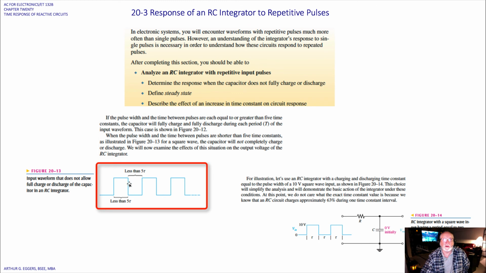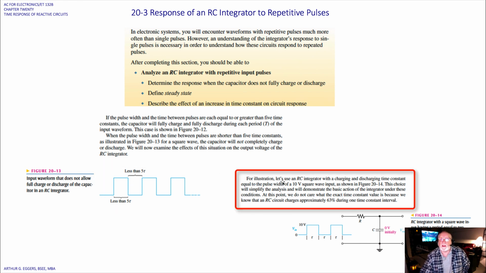They're showing you here a pulse width that's less than 5 time constants, or 5 tau. For the illustration, let's use the RC integrator with a charging and discharge time constant equal to the pulse width of a 10 volt square wave as shown. This choice will simplify the analysis and will demonstrate the basic action of the integrator under these conditions.